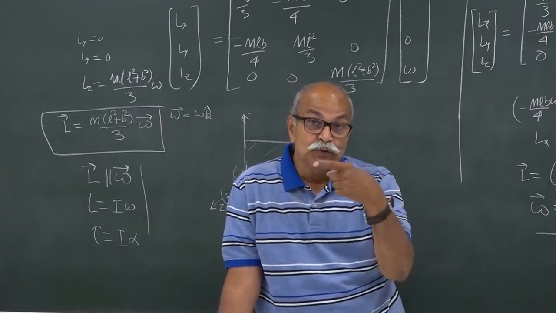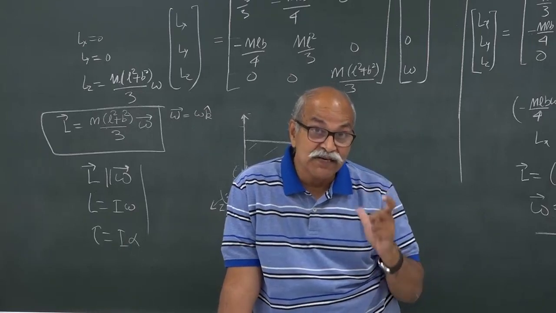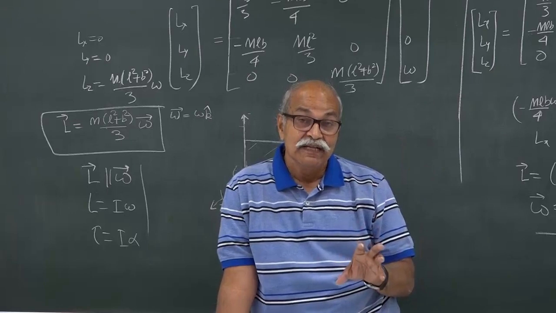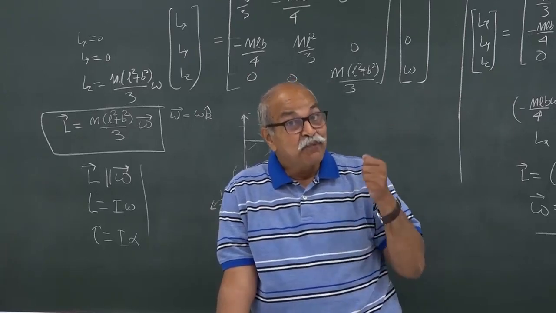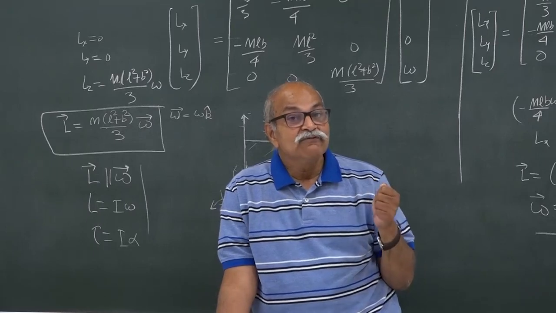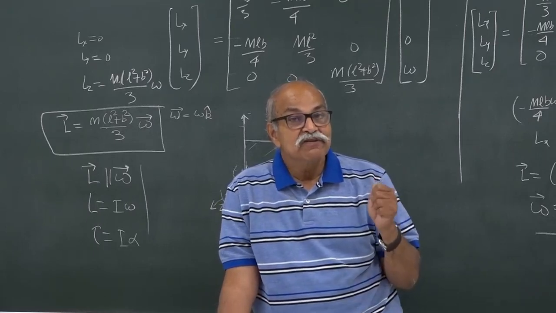These are very special directions in the rigid body; once the rigid body is given and an origin is given, you can obtain at least one set of 3 perpendicular directions.